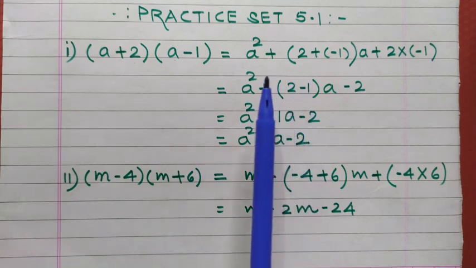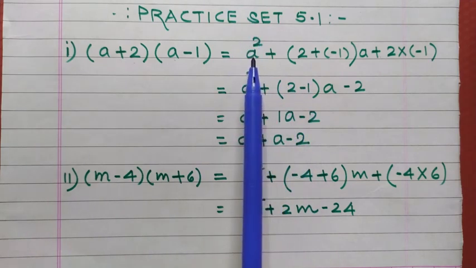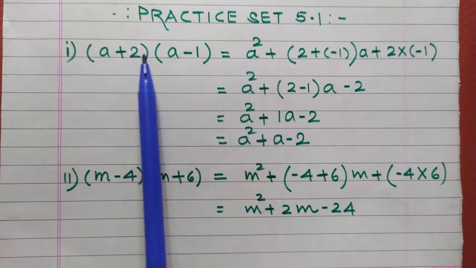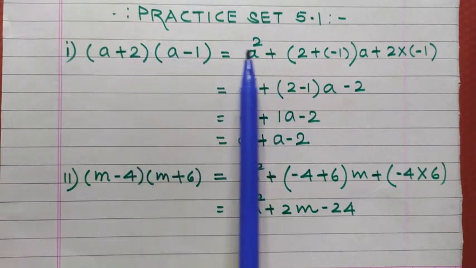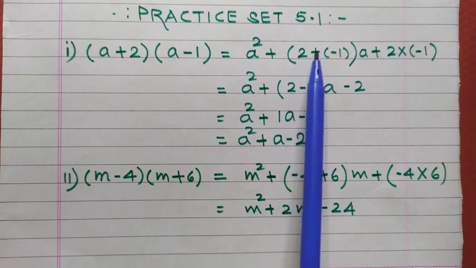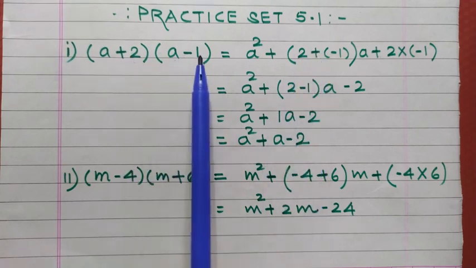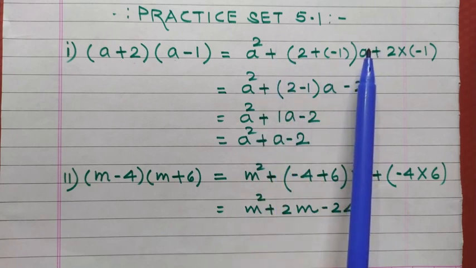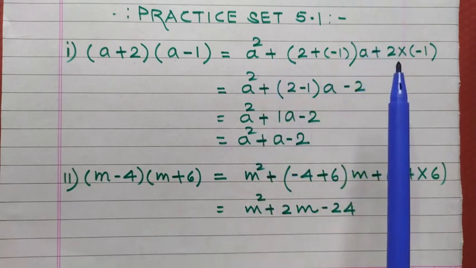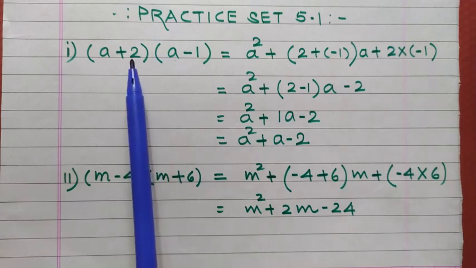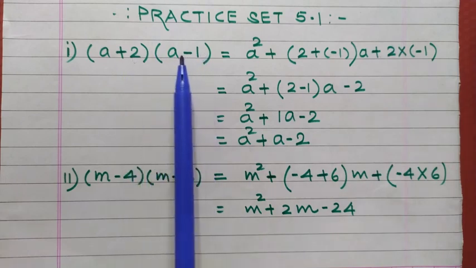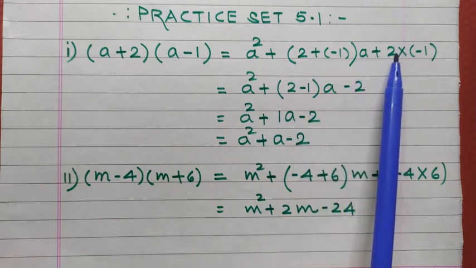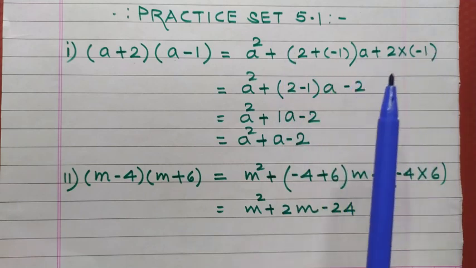So the formula says that it will be a square, equal term square, plus the sum of these two unequal terms, so it will be (2 plus minus 1) into the equal term, plus the last term will be the product of unequal terms, so it will be 2 into minus 1.